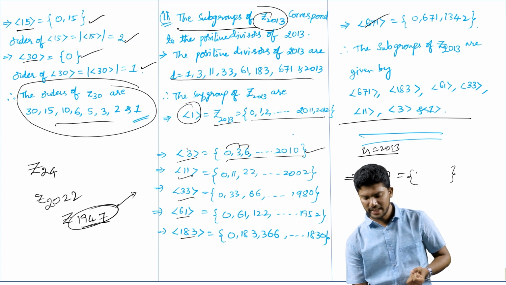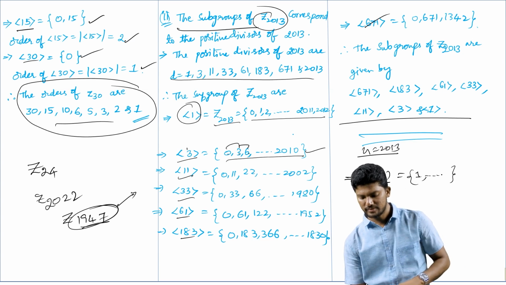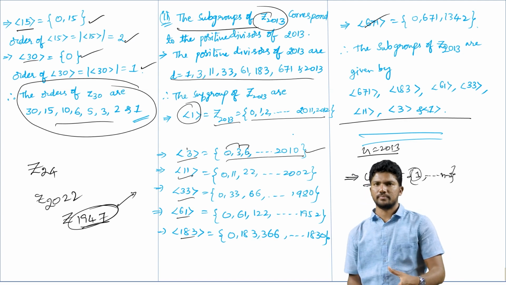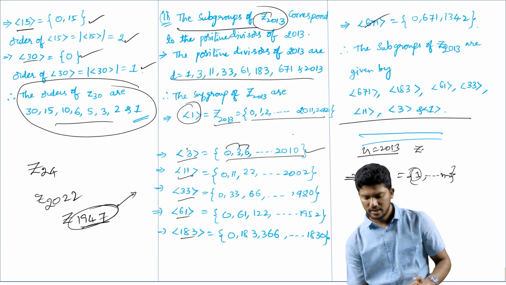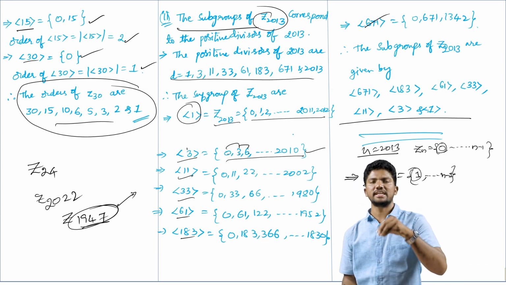In U of n, the starting element will be 1 and the ending element is n minus 1, because 1 is the multiplication identity. In Z suffix n, the starting element is 0 and the ending element is n minus 1, because 0 is the addition identity.